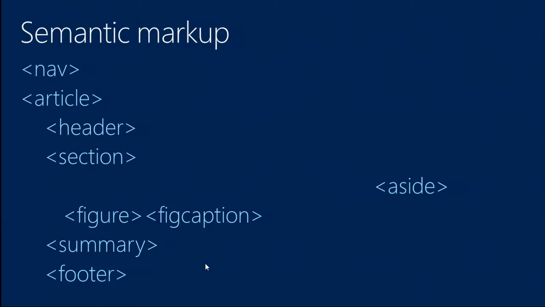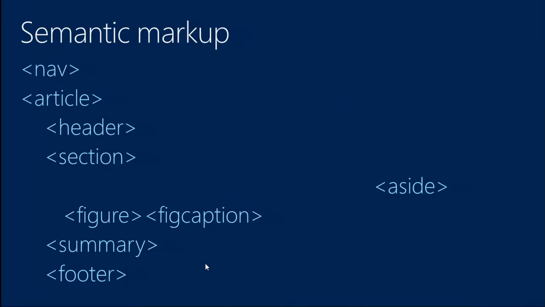So semantic markup introduces a bunch of new tags in HTML5 that are trying to specify the semantics of what parts of the page are good for. For example, you see here on the screen we have something called article. Well, the article element is really designed to define the content inside of your app that makes up the true content that you're trying to deliver.